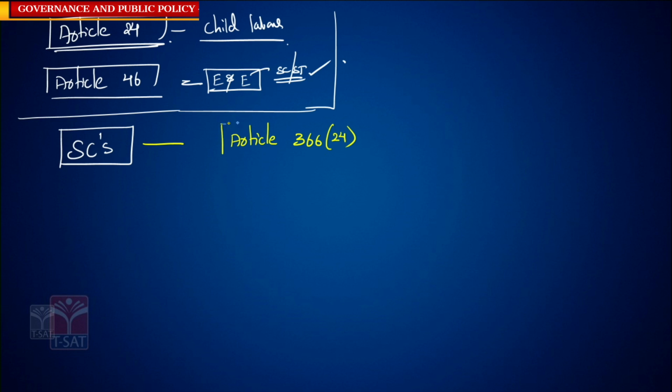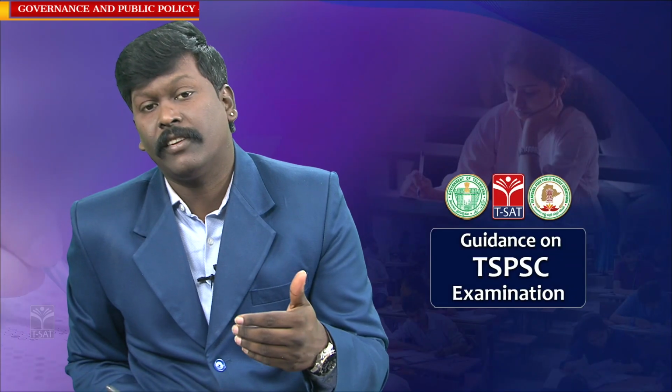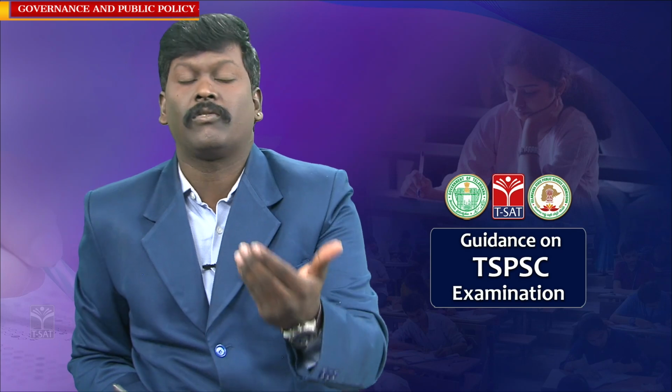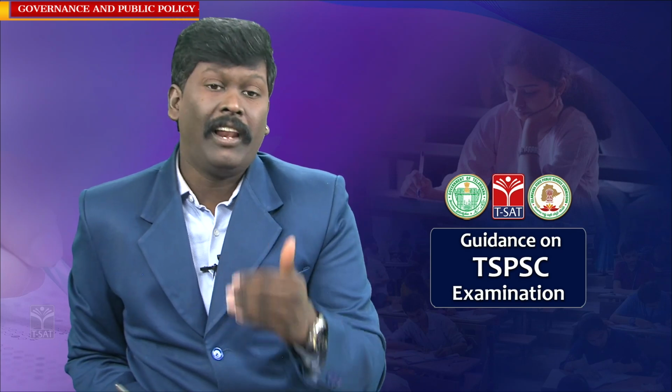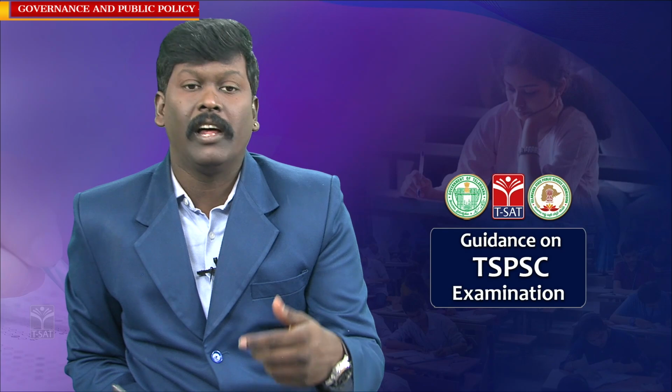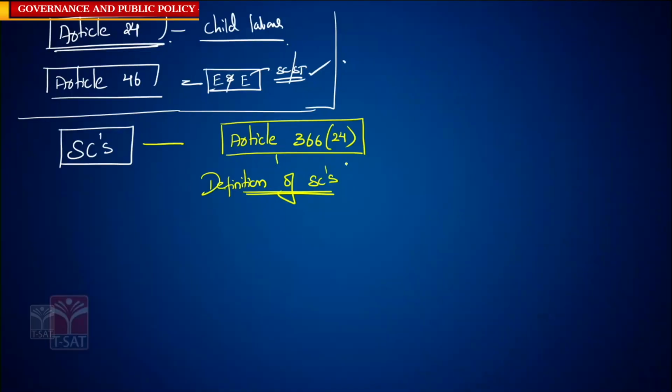Now Article 366 clause 24 deals with the definition of SCs. What is the definition of the SCs as per Article 366 clause 24, which is well connected to another article, Article 341.